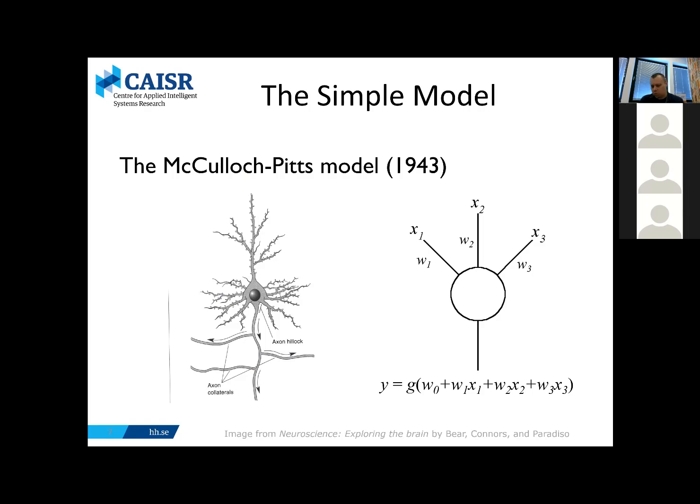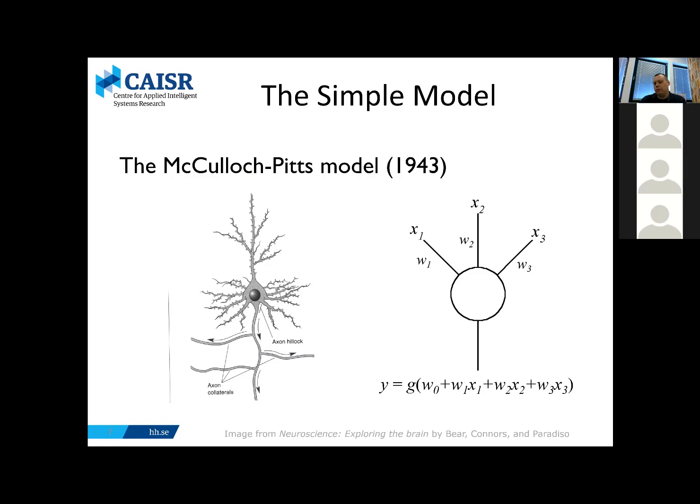Those would be connections to other neurons or connections to input or output or senses, actuators. There are different weights on those connections. And then the neuron itself will operate according to a particular nonlinear function.